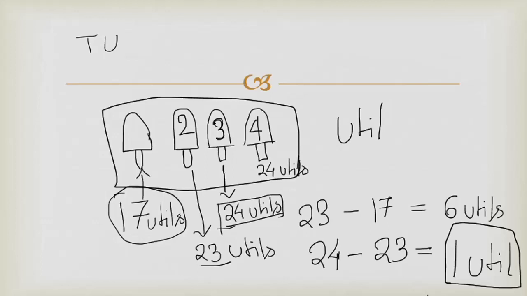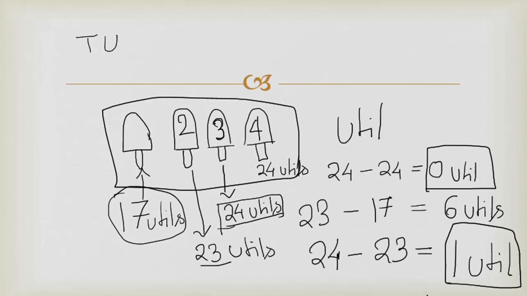What is the additional contribution of the fourth unit? We deduct 24 minus 24, so the fourth unit contribution is 0 util. How can we interpret this 0 util? We can interpret it as the satiation point.